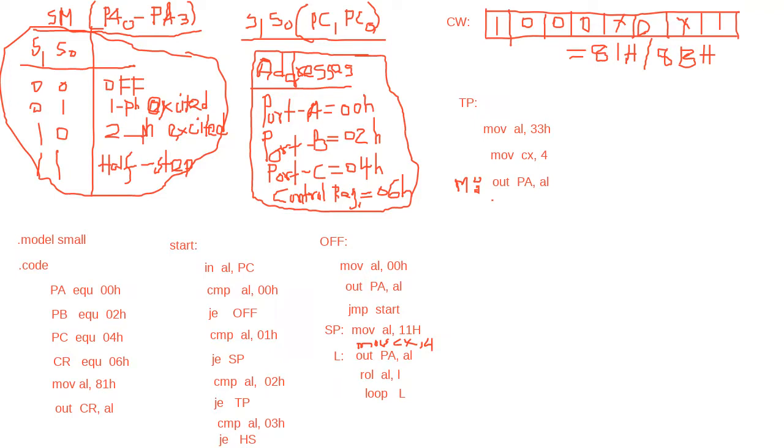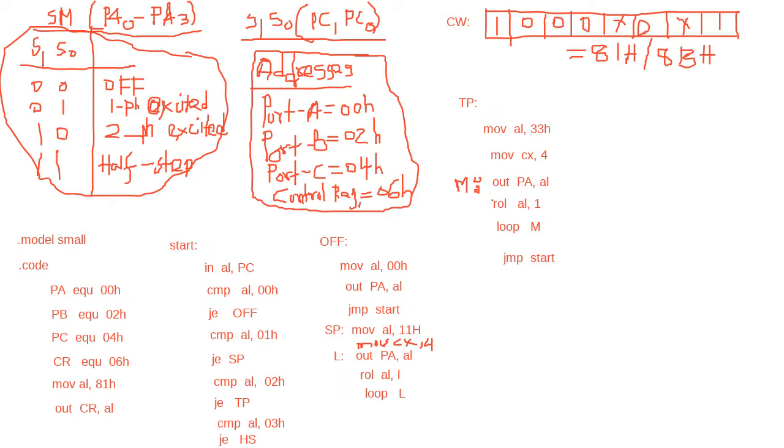And then rotate left AL comma 1 and loop M. So that means it will be okay. And then once it is done, we have to make the jump start. Here also jump start. So this is about the off condition, single phase condition, and two phase condition.